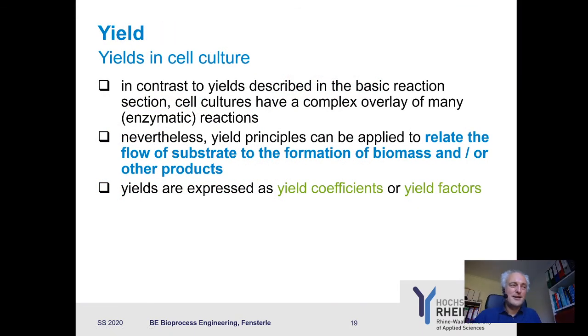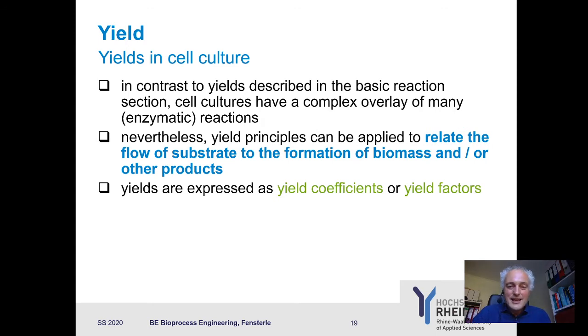So again, we were now at a very theoretical background, reaction theory. That's what you have already learned. That's just repeating what you know. And now let's go to the real world. We're in cell cultures. Usually we have cells around. And what is the special feature there?